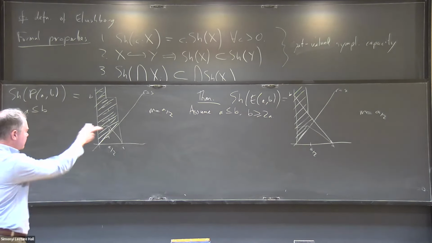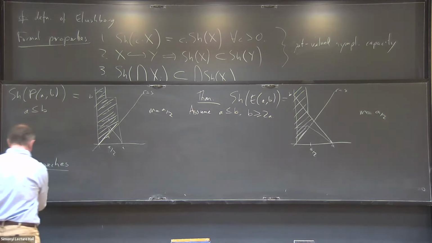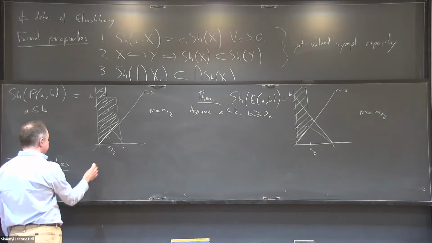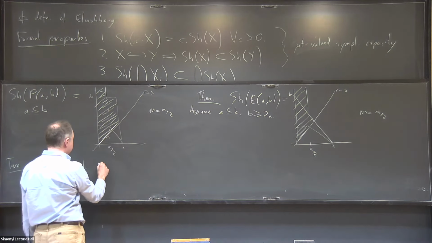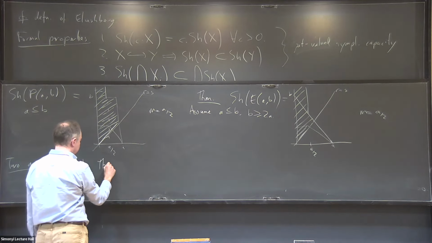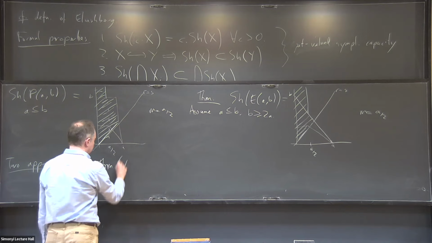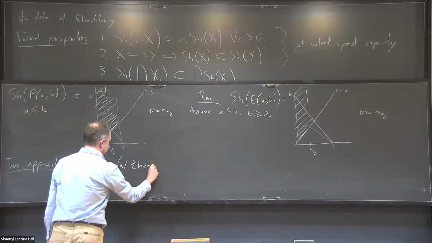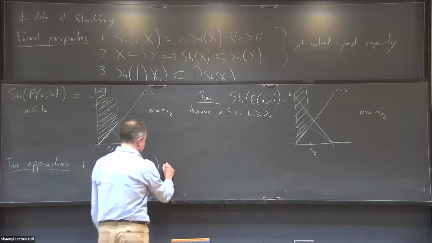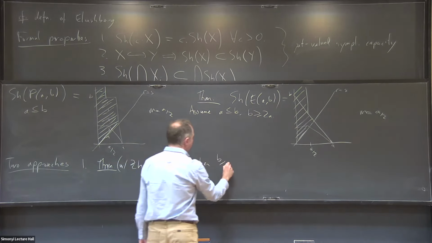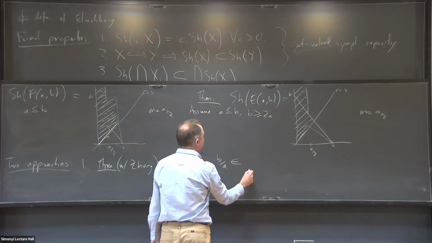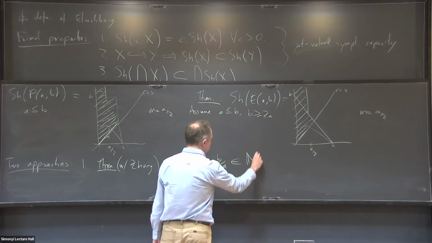So there are two approaches to this theorem. I proved this with Zhang, a theorem from a few years ago. This is the case where I still want B over A to be bigger than 2, but now I want it to be an integer.